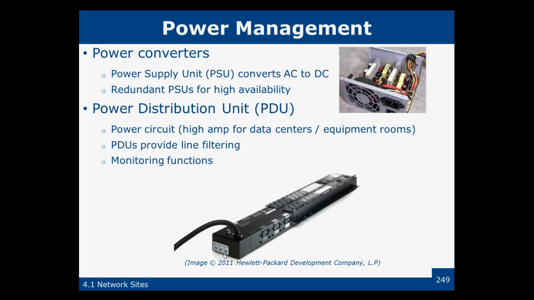It filters the power so that you don't have the bumps and bruises, the ups and downs of power in your system, in your critical infrastructure. High amp for data centers and equipment rooms. The PDUs provide line filtering, which means it's going to have steady power, at least we hope. And there can also be monitoring functions that go on in this thing, what's going on with the power.